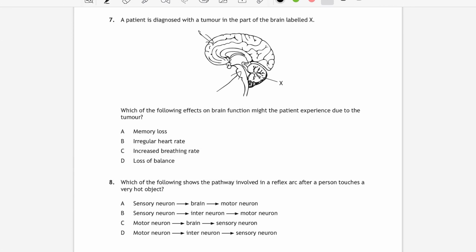Okay, so this area X is actually our cerebellum, and it is coordination and balance. And so it will not affect memory, that's my cerebrum. Heart rate and breathing rate is my medulla. And so balance has to be with D, so that's going to be my cerebellum.